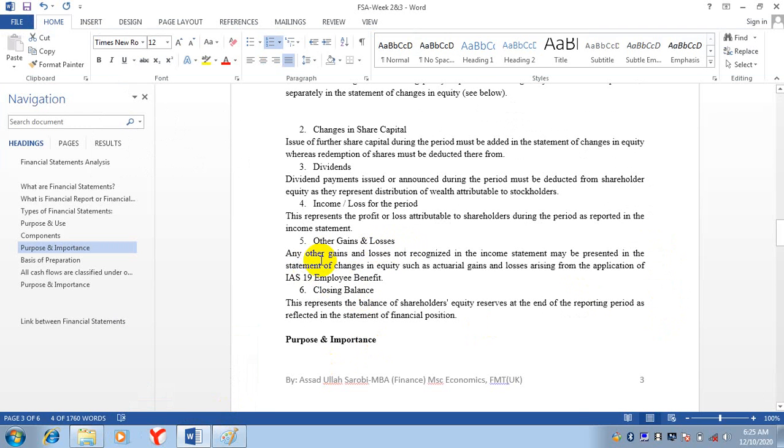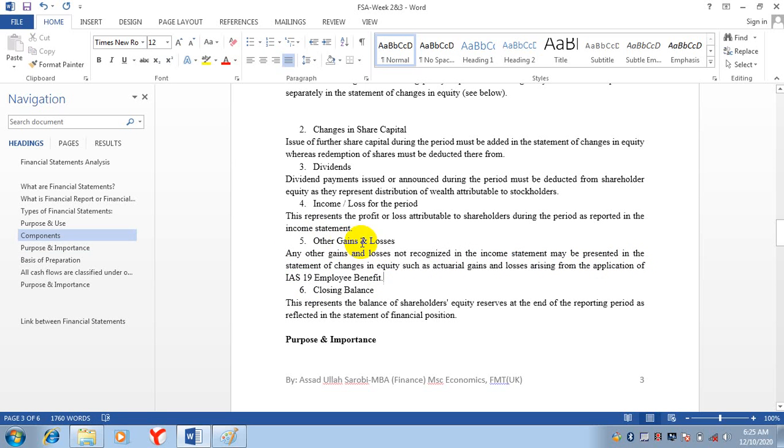Other gains and losses, any other gains and losses not recognized in the income statement. If there is a loss or profit that we didn't include in the income statement, it may be presented in the statement of changes in equity, such as actuarial gains and losses arising from application of International Accounting Standard 19, which is regarding employee benefits.